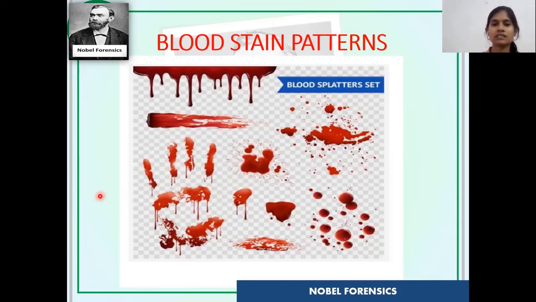Like if there are only drops of blood at the crime scene, then it means there is only a minor injury. And if there is a large amount of blood or pools of blood, then it could be a major injury. And if there are dragging marks of the blood stain, it means some object was dragged through the blood stains. So whatever blood stain patterns are present at the crime scene, they give some information related to the crime scene, and they will definitely help in the reconstruction of the crime scene.